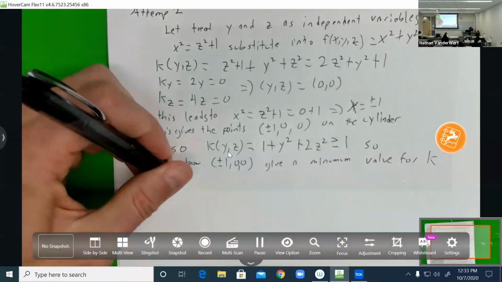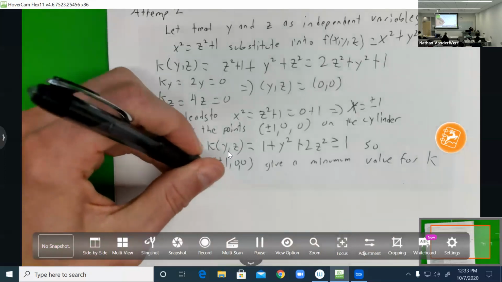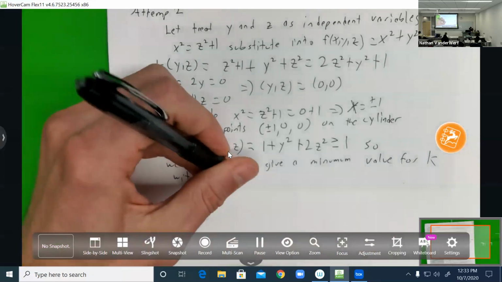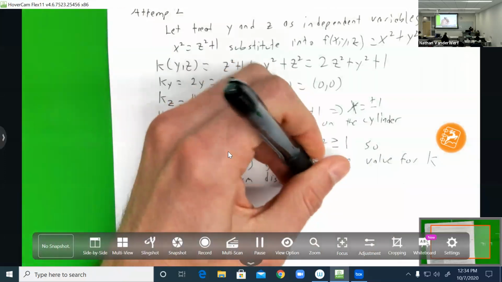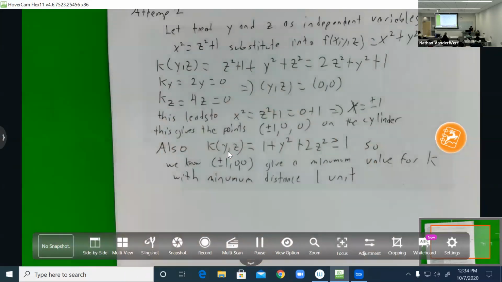Let's just write one more thing here: the minimum distance being 1 unit. So the minimum distance here is 1 unit. Anything else I want to say about this? Let me think real quick.